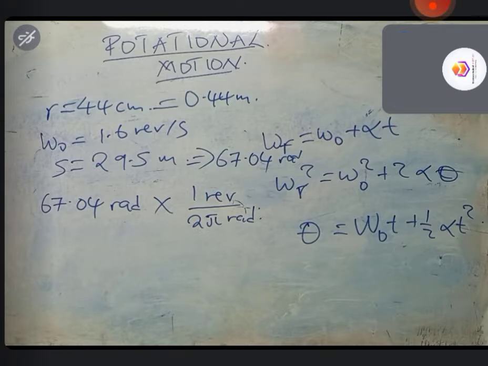67.04 divided by 2 pi. You're getting 10.66? Isn't that too big? 10.67. What are you getting? 10.67 after dividing by 2 pi. Yes, sir.